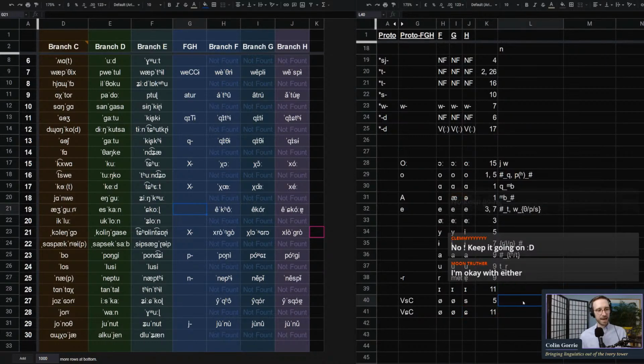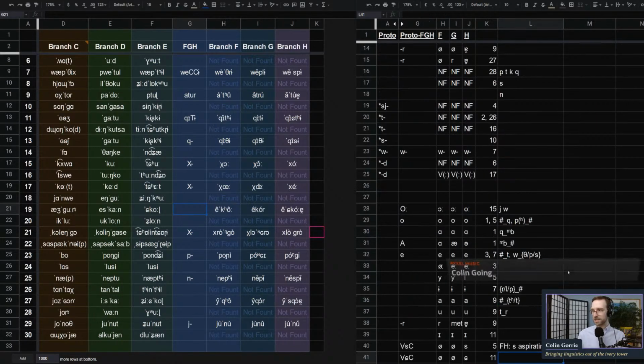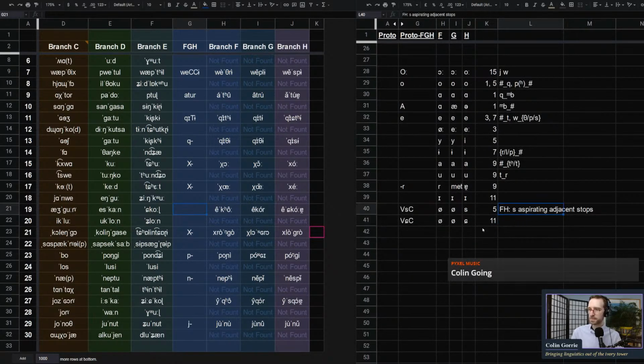So I think what's happened is in F and H we have S aspirating adjacent stops. So you can't see that, but it's going to say adjacent stops.